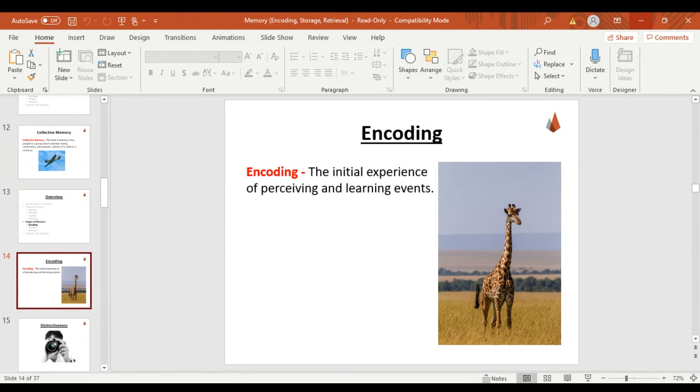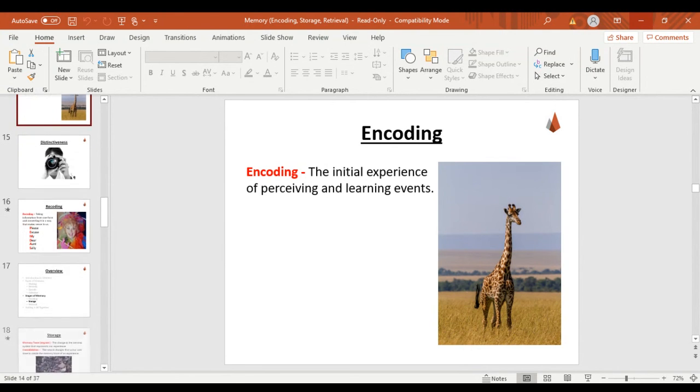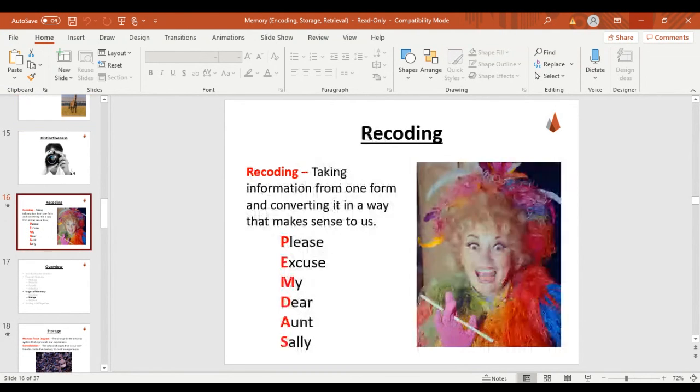Okay, so encoding, we talked about it a little bit earlier, but this is the initial process or experience of perceiving and learning events. It's when we actually take in the information and we process it in a way that can stick in our brain. Recoding is taking information from one form and converting it in a way that makes sense to us.